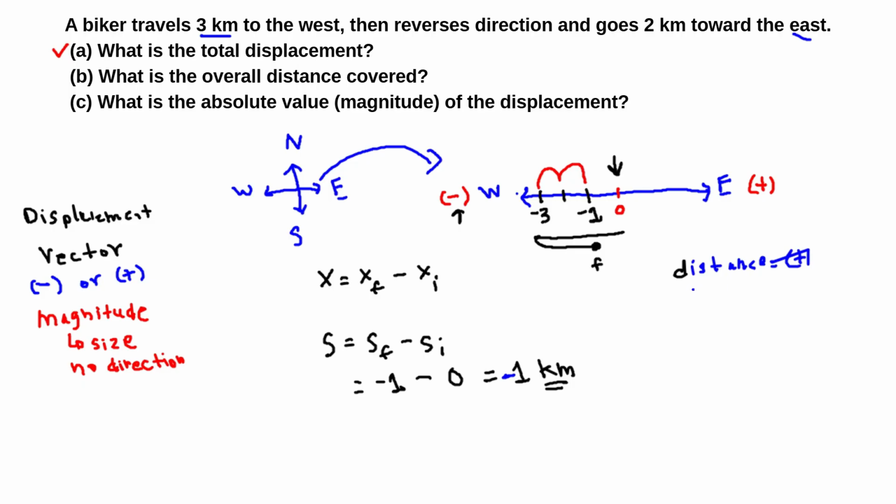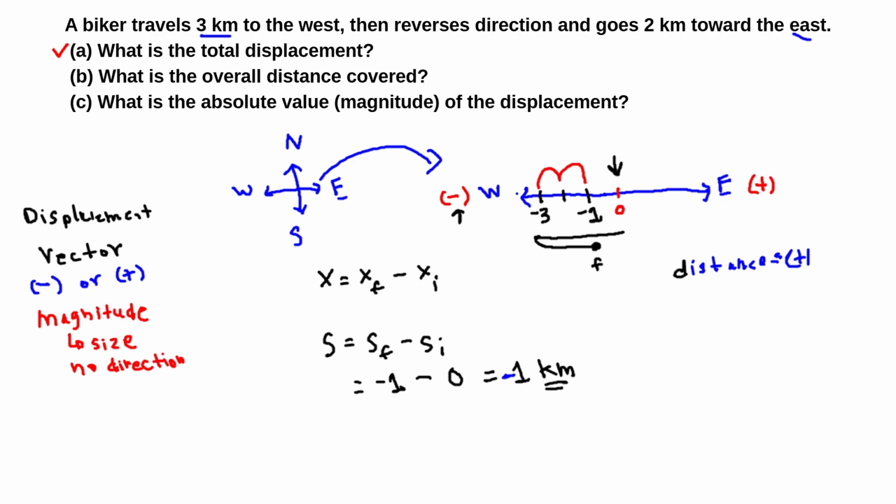It doesn't matter the direction. If you remember the previous drawing, we were going all around, curving. That's the distance. You just travel these kilometers. So that's the distance you travel. Therefore, knowing that distance is positive, we simply need to add.